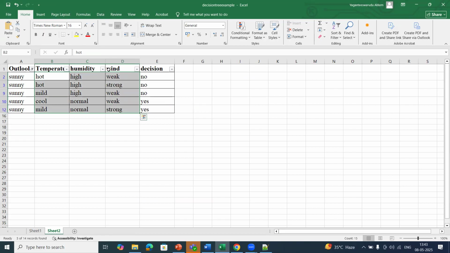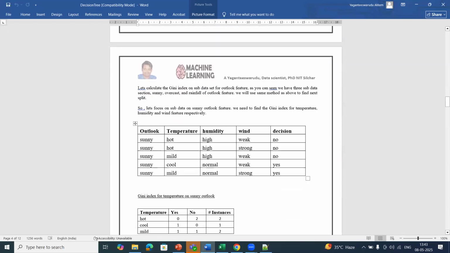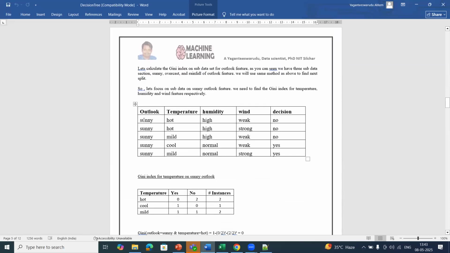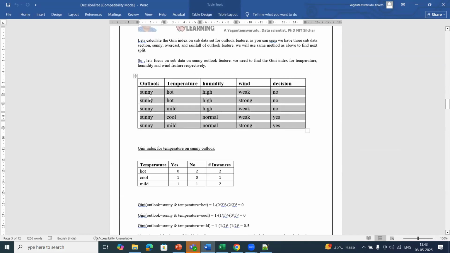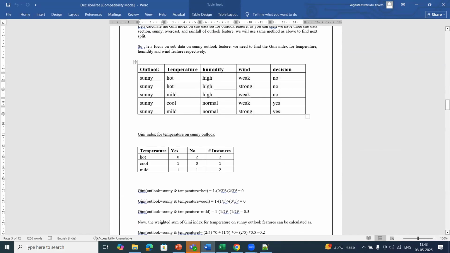After calculating the Gini index, whichever gets the lowest Gini index, we are going to place at the next intermediate node. Let us go and see here. So this is Outlook equal to sunny, and now again for temperature.